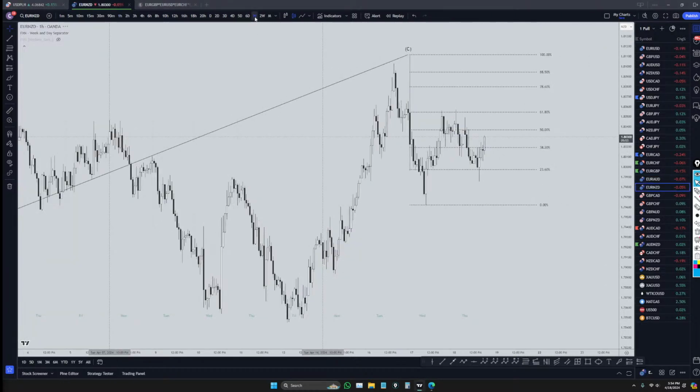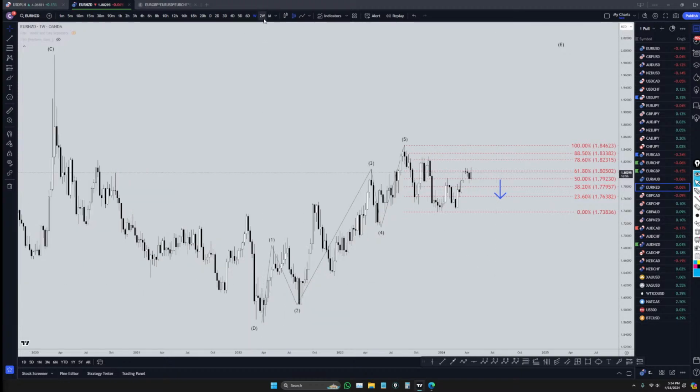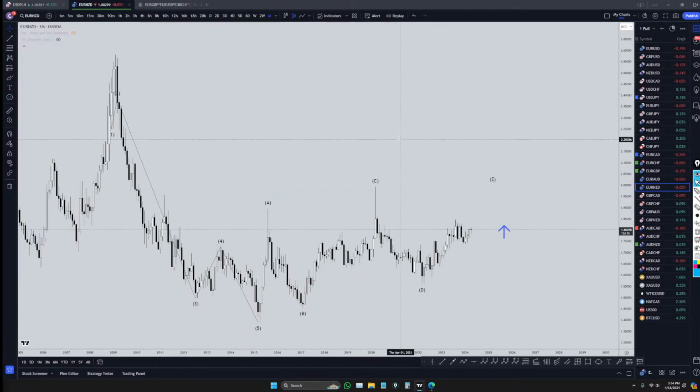Yeah, the Yo Kiwi on the weekly and the monthly is why I think they might actually go down. Because if this really is a wave E of an ABCDE pattern, then a wave E should be three waves, one, two, three. And it hasn't made a wave B yet.